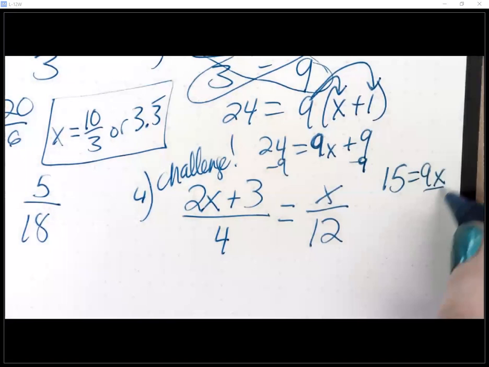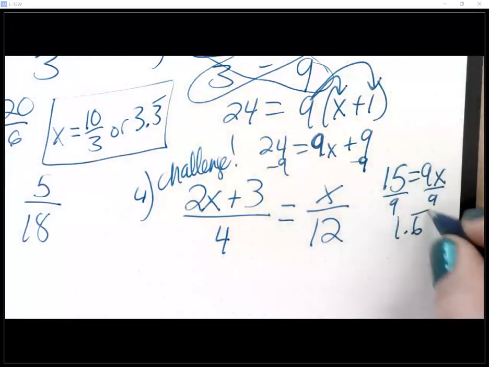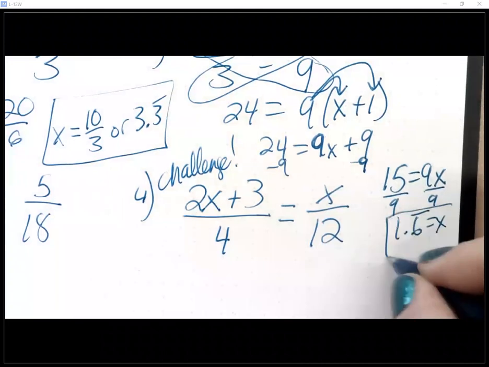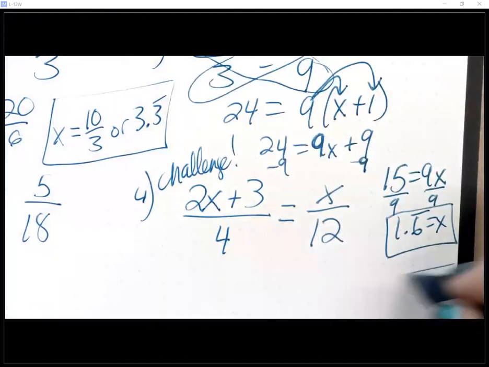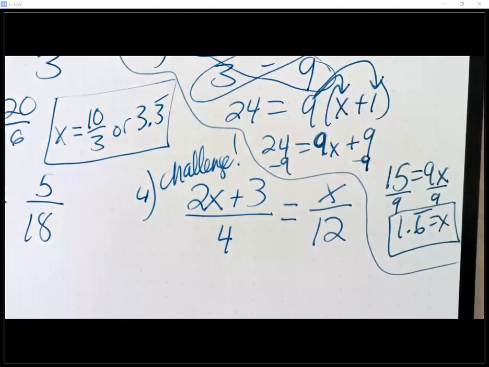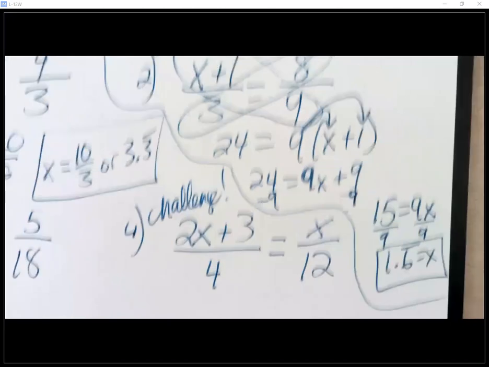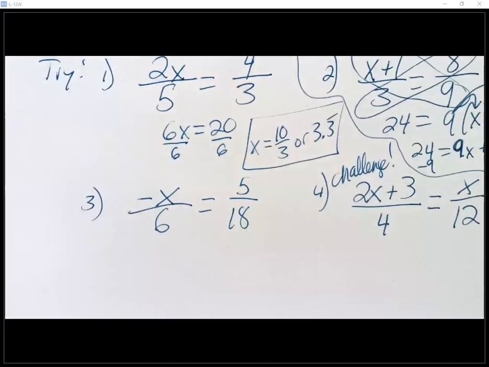So whatever 15 divided by 9 is, I got 1.6 repeated. Number 2, this was, yeah. Okay, and let's see if we can get to number 3 before the bell.